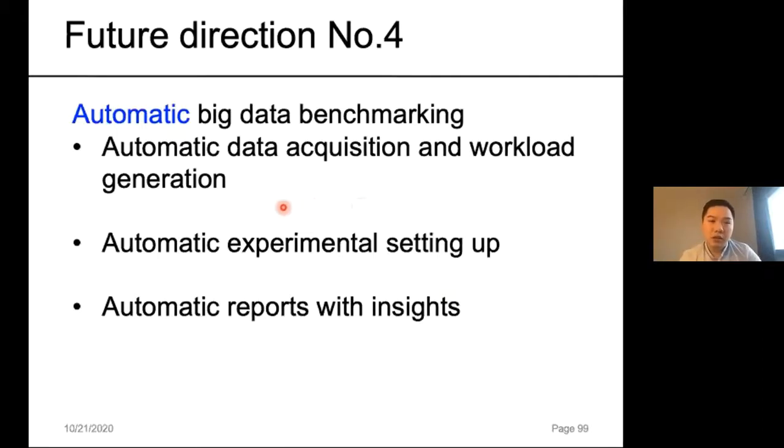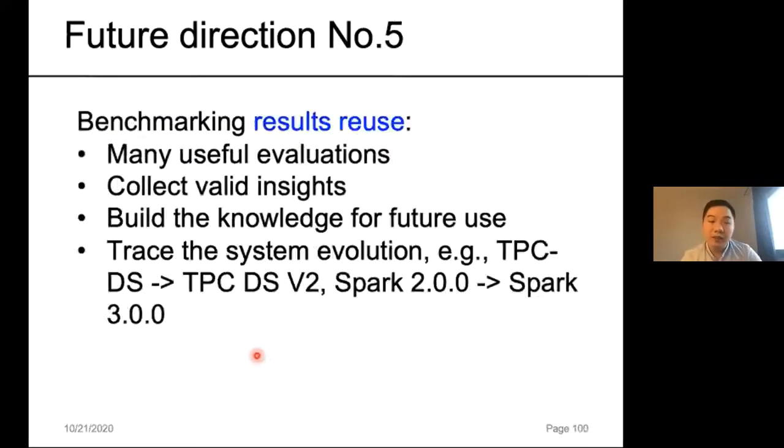So we need a smart benchmarking tool from 3 aspects. First is automatic data generation and workload generation. The second is automatic experimental setup, and finally we can get automatic reports with insights.